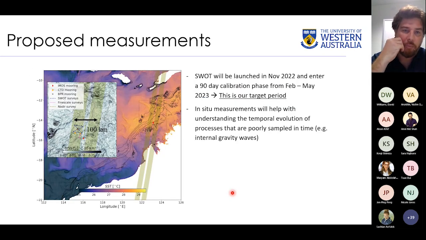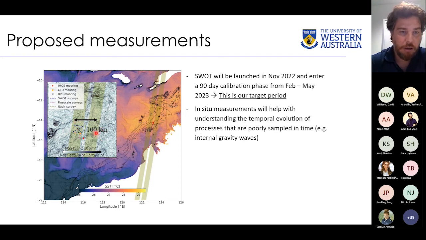So, what we proposed is to do an intensive field campaign during the so-called calibration phase of the mission. So this is one of the tracks where it flies over the Browse Basin region. So we're planning to focus on part of this region.